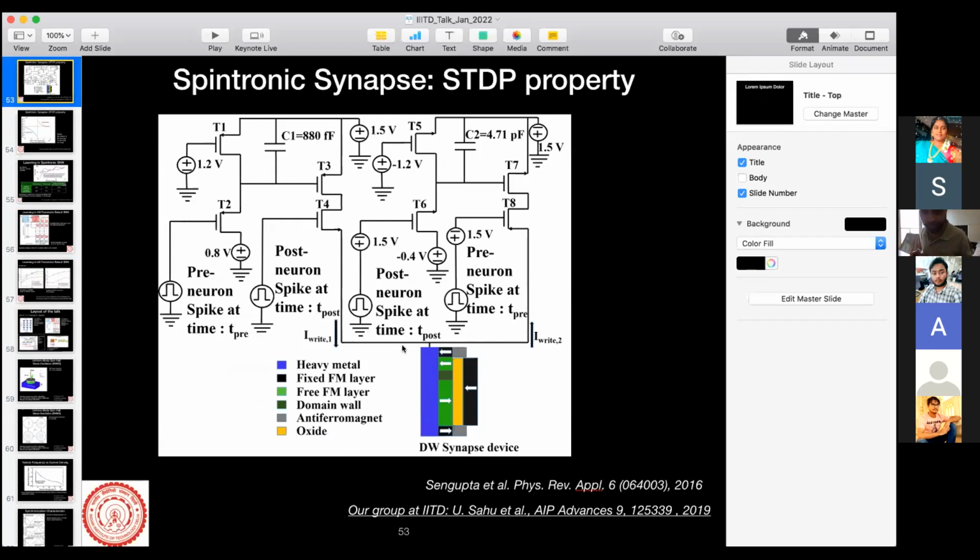Instead of using this spintronic synapse, if I use a charge-based transistor, all I need to do is put a capacitor or a transistor 3-terminal device here, and that will be charged up or down by this gate. So the purpose of these other transistors is to operate in the sub-threshold regime and to give the right exponential current that you need.